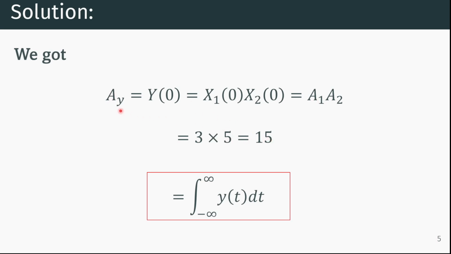Ay is nothing but the area of the signal y of t, which is this integration, and that is the answer to the question asked. Hope you have understood the concept of evaluating the area of a signal with the help of the Fourier transform. Thank you.